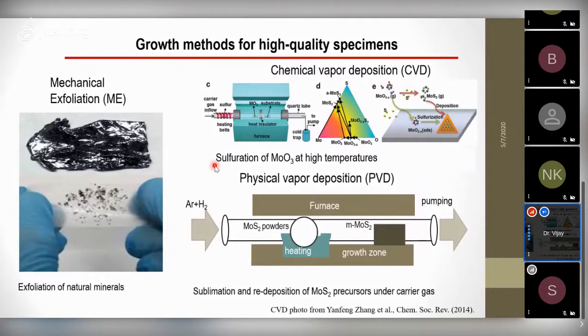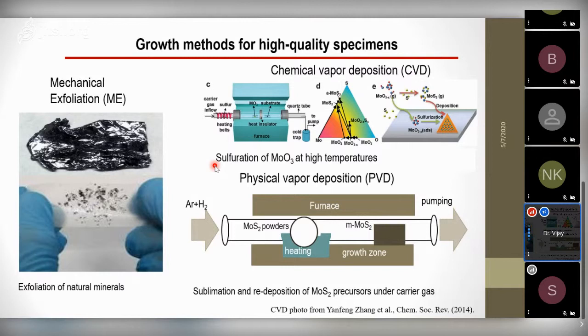That's possible. This became famous after graphene was exfoliated from graphite, and those guys got the Nobel Prize in 2010 for this mechanical exfoliation using scotch tape to get a single layer of graphene. Even molybdenum disulfide or any other transition metal dichalcogenides can be exfoliated, just a single atomic layer.